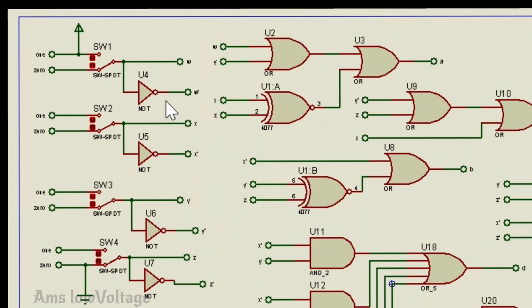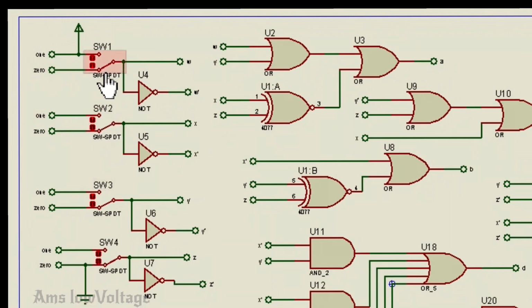So I'm getting this w prime with the help of this inverter, and the switch, this is the switch. You can move to the position 1 and 0. All these ones I have connected to the positive 5-volt power supply, and all these zeros I have connected to the ground.